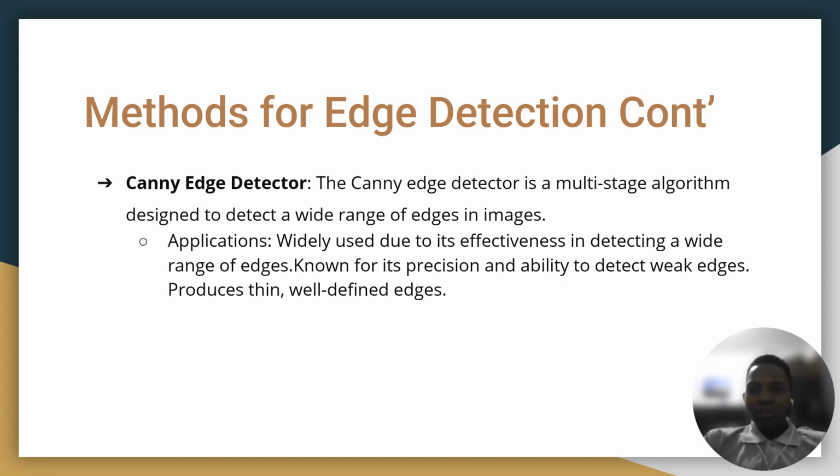Then a double threshold determines potential edges by thresholding, and edge tracking by hysteresis finalizes the detection of edges by suppressing all the other edges that are weak and not connected to the strong edges, right? So we can see that this particular algorithm is a very popular one because of its ability to apply those multiple stages to detect even the weakest of edges.